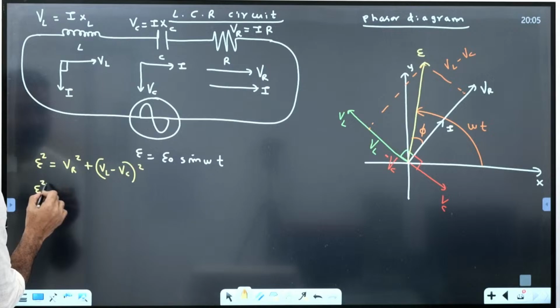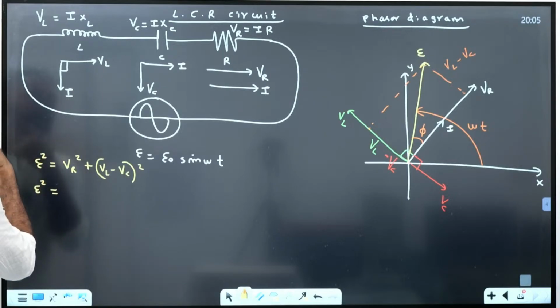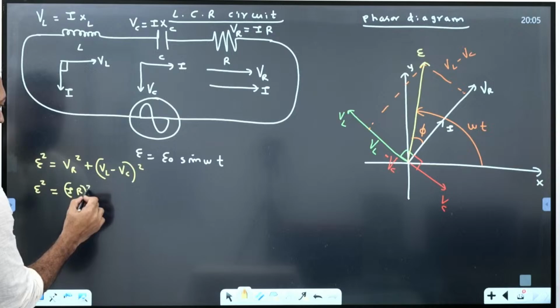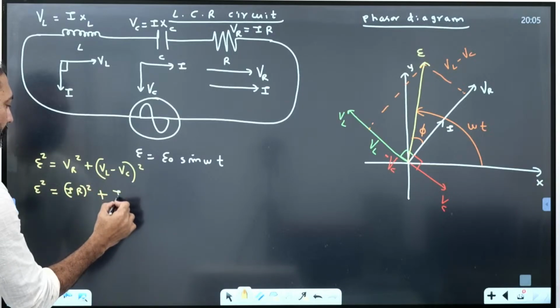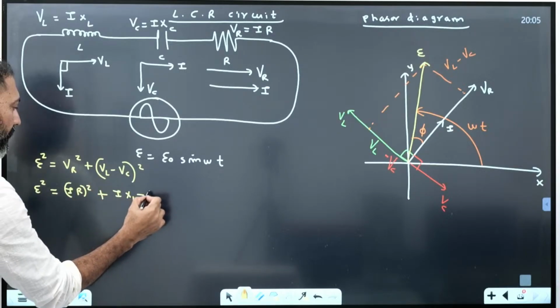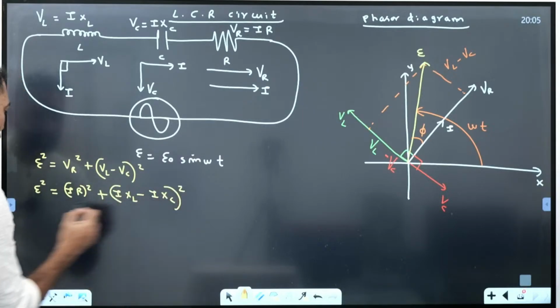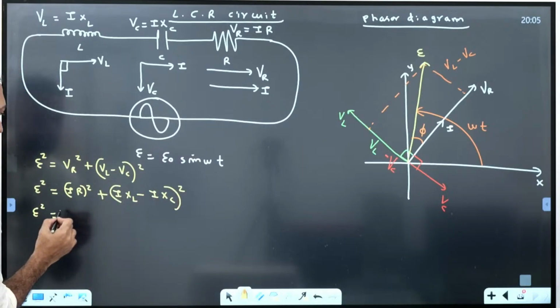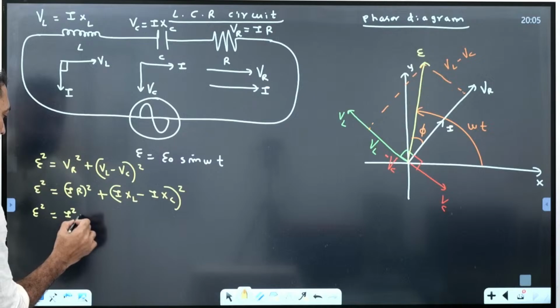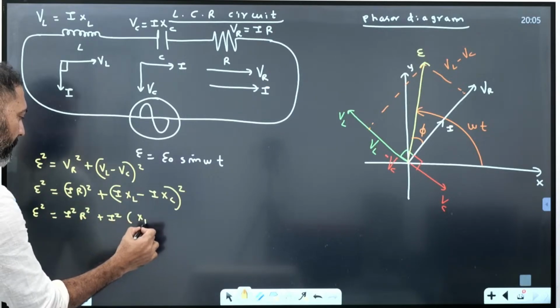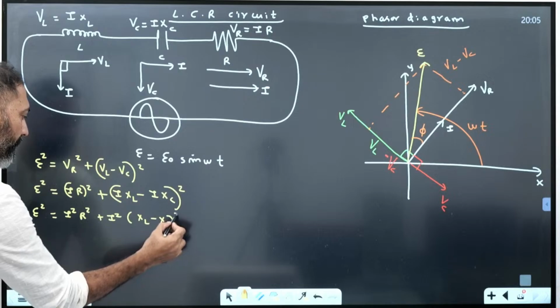So E square equals, instead of VR I can write I into R the whole square, plus instead of VL I can write I XL, instead of VC I XC, the whole square. So E square equals I squared R square plus I square into (XL minus XC) the whole square.